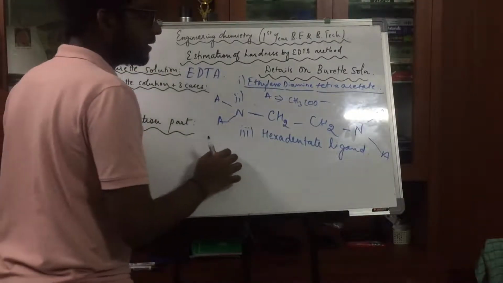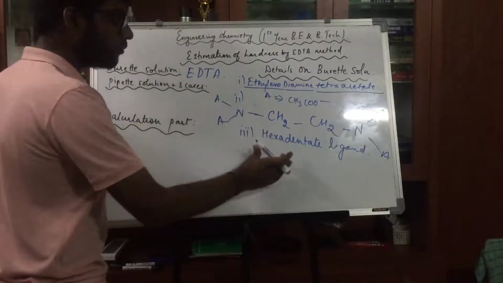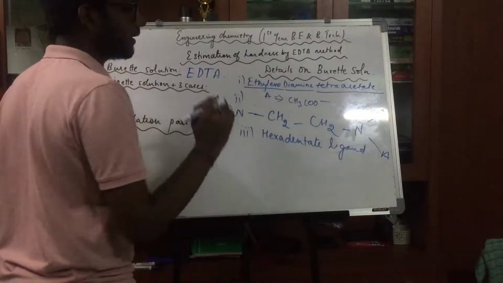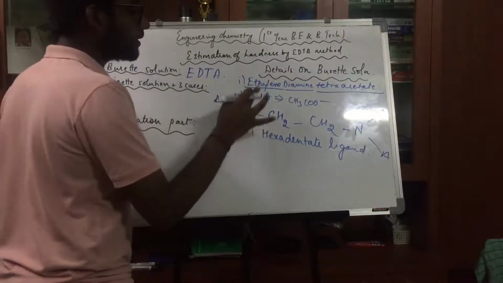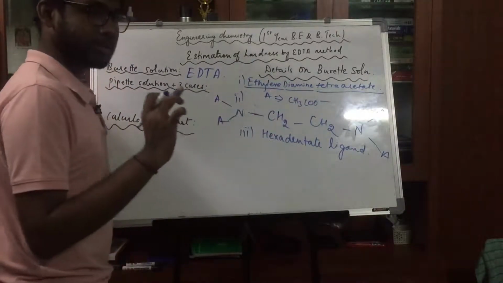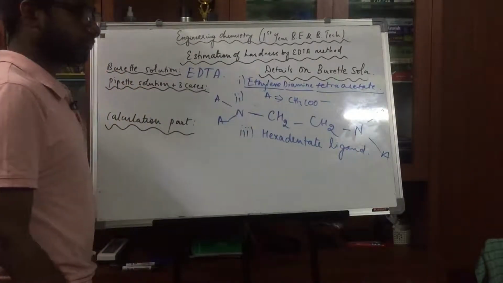So it is a hexadentate ligand, which is one more name for ethylene diamine tetraacetate. The structure and the full form are a must for you to know.